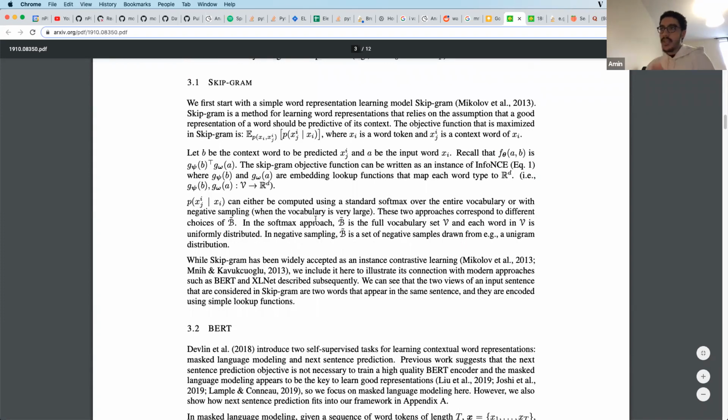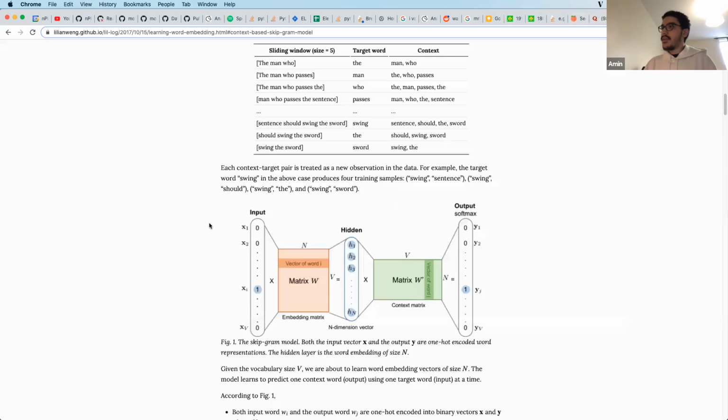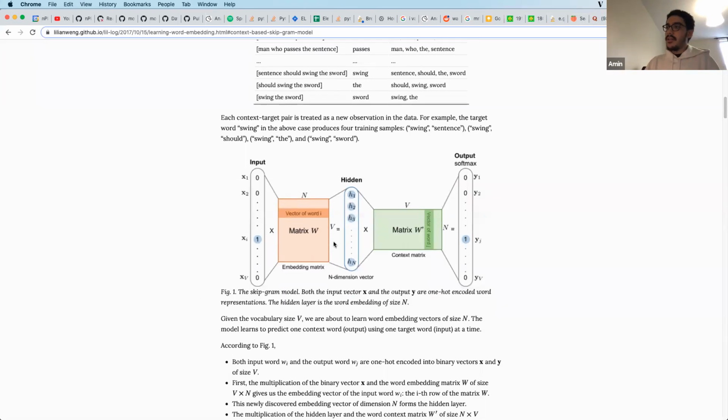In this case, g of phi would just be this mapping between the one hot encoded word and the row of the matrix, and the same for the context.